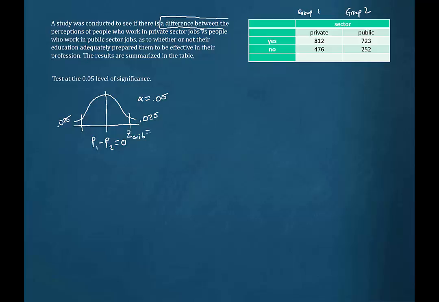These critical values are going to be positive 1.96 and negative 1.96. Now I just wrote some z critical values here, and of course, as with all studies of proportions like this, we have to make sure that all of the conditions are satisfied for using the normal distribution.